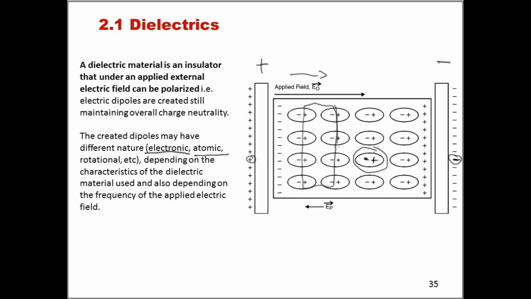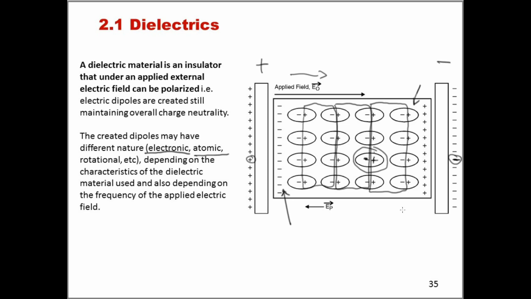The same we can say here, these positive charges cancel these negative charges, and the same here. And so in the end we are left effectively with positive charges on one end and negative charges on the other end of the material, and this is called polarization. This is a result of the polarization of the material.